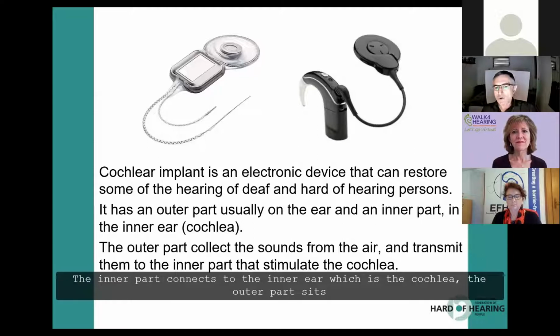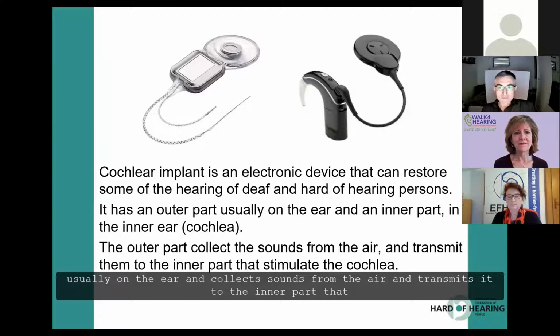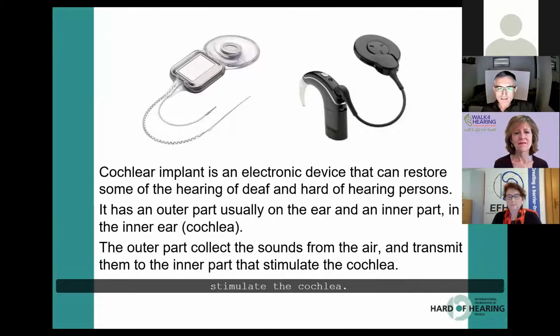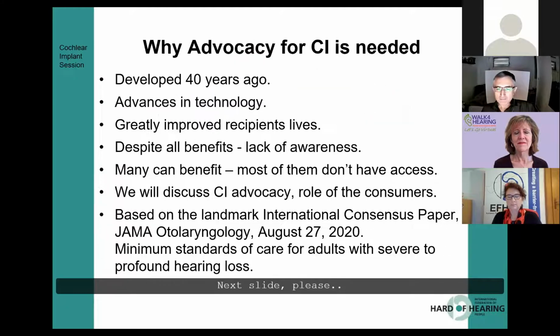The inner part connects to the inner ear, which is the cochlea, and the outer part usually sits on the ear and collects the sounds from the air and transmits them to the inner part that stimulates the cochlea.